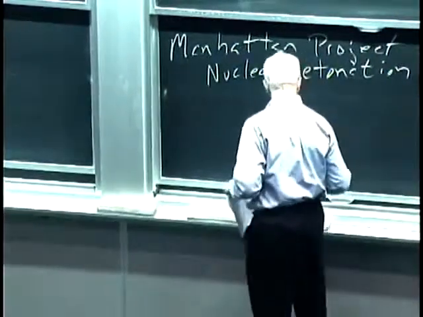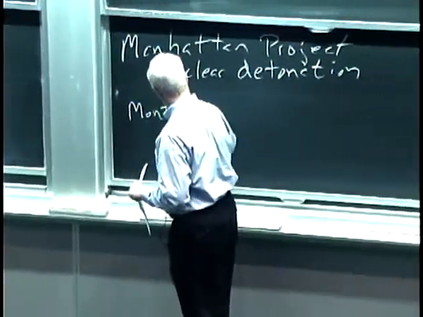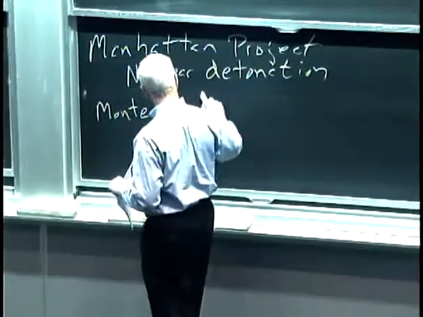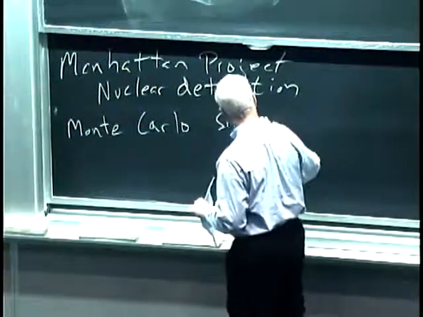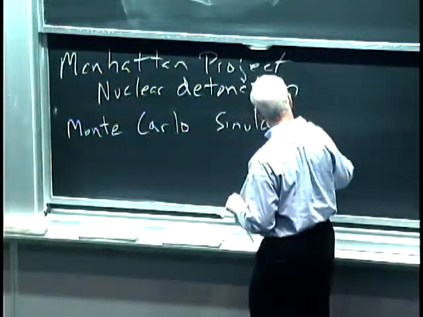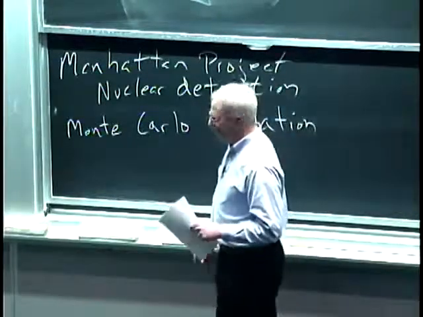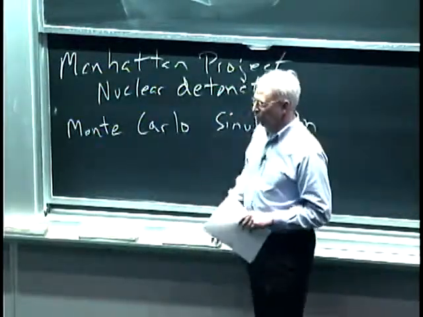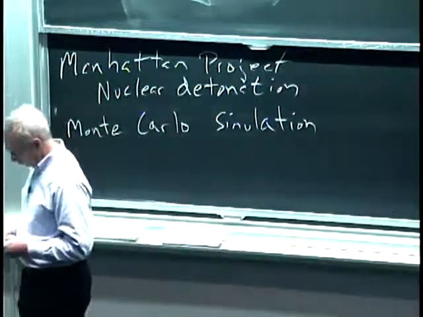And they did it using something called a Monte Carlo simulation. Now, in fact, that's just what we've been doing with the random walk, the Monte Carlo simulation, and I'll come back to that in a minute.